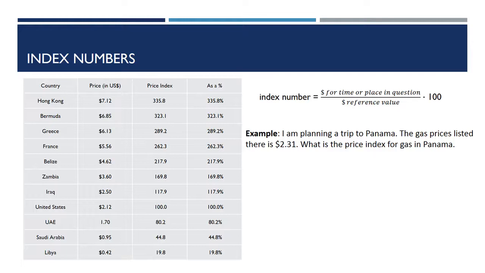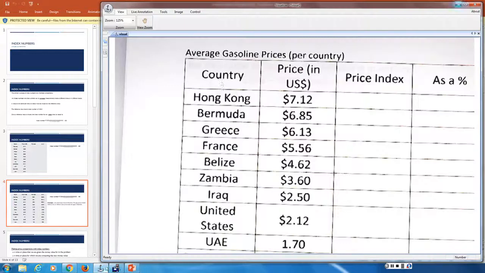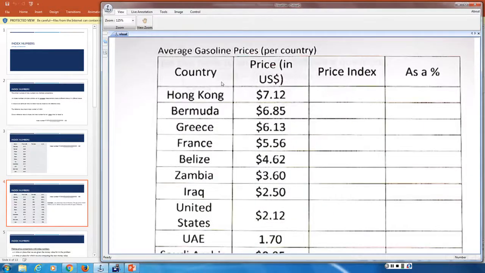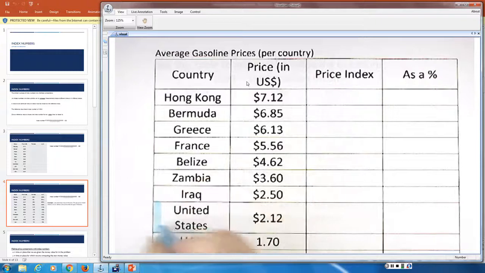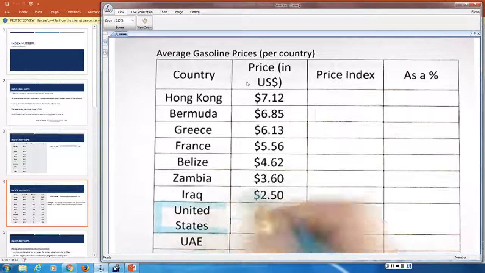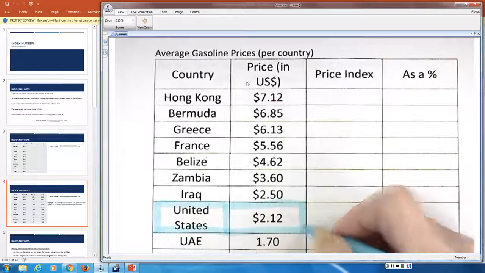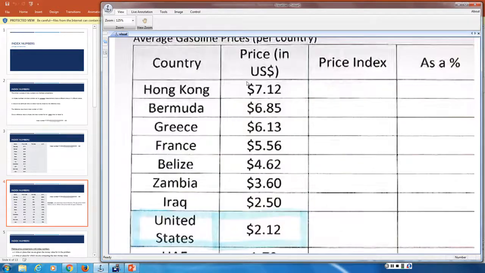I'm going to come back to this, and we're going to move over to my notes so that I can work these with you. First, we're going to choose the United States to be the reference value, because we like to compare everybody else to us.